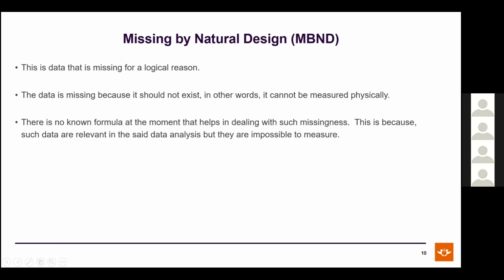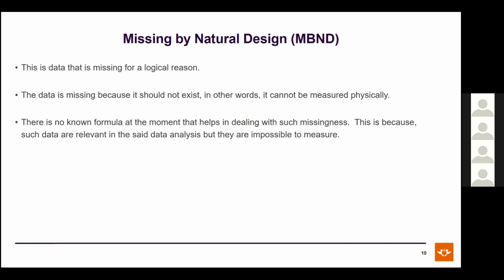Now, the last missing data mechanism is missing by natural design. This is data that's missing for no logical reason, and the data is missing because it should not exist in the first place.